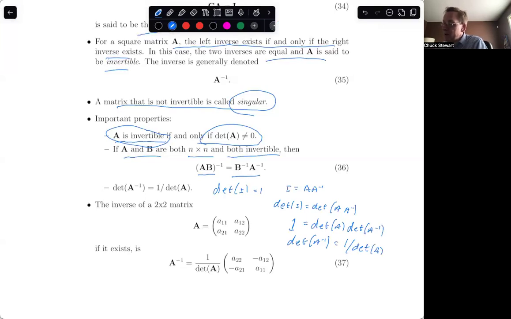The determinant of the inverse is the inverse of the determinant. And we use this property 36 here to get this fairly simple answer, using the factorization of the determinants.